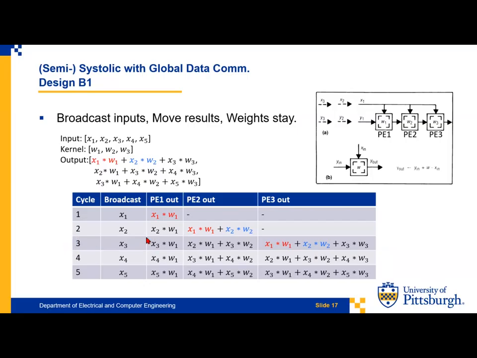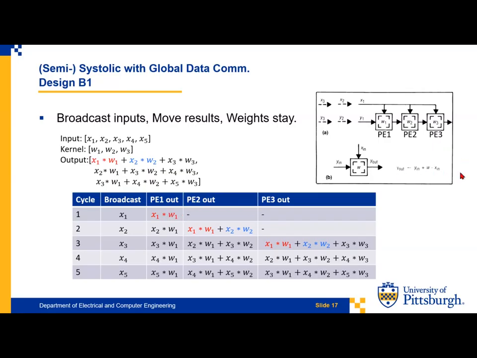And the cycle 3 broadcasts X3, and the processing element 1 outputs. Because of the definition here, you can see that the output of the processing element 1 is x1 times the w1, right?